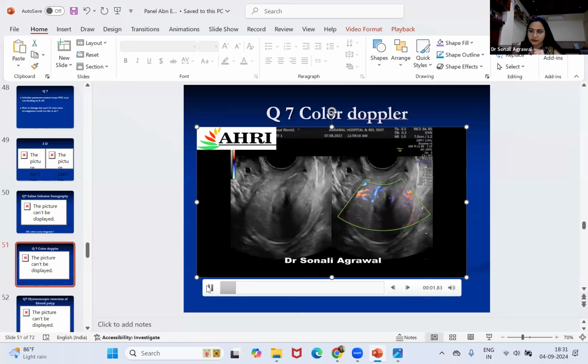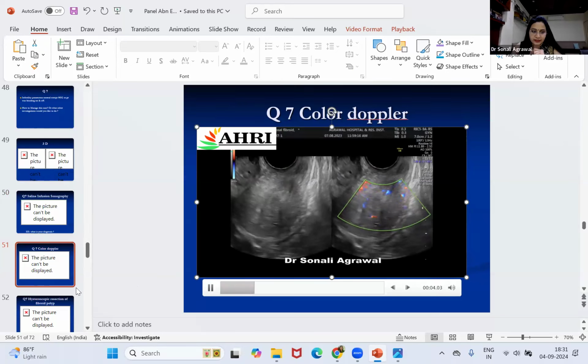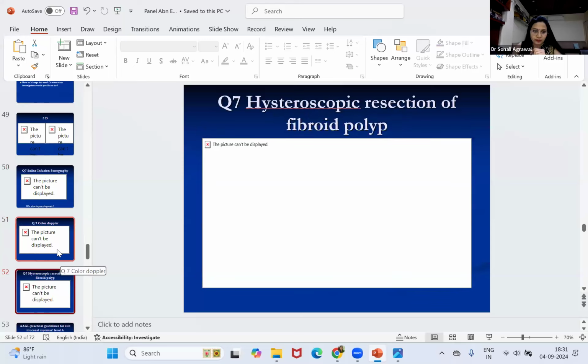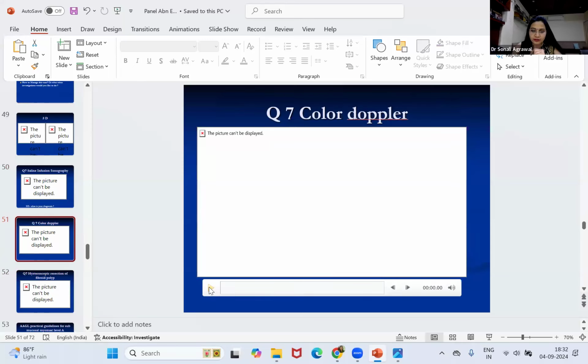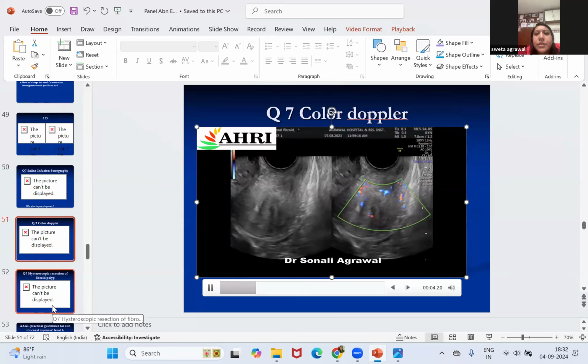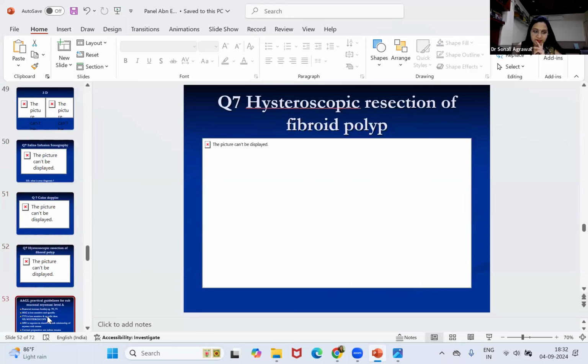It is very clear from this. It is a polyp. This was a fibroid polyp because it is showing the circumferential blood vessels picture.